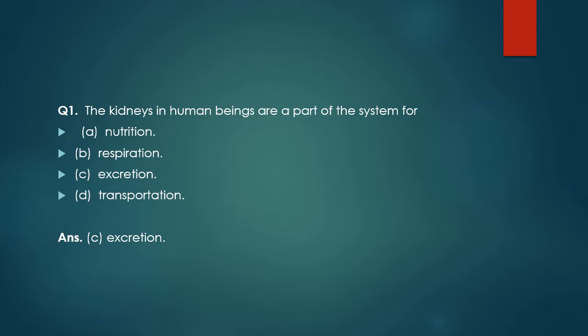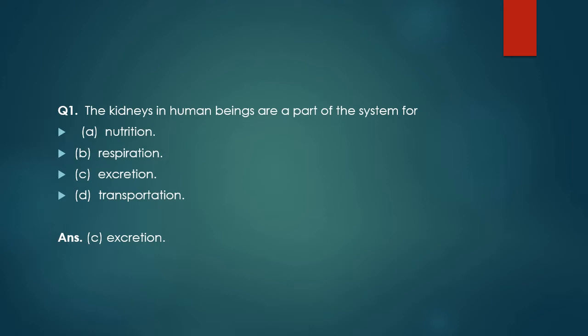Through the metabolism within the cell, whatever nitrogenous wastes come, like urea, creatinine or CO2 related products, their release is excretion. Human beings have one pair of kidneys. The unit of excretion in the kidney is the nephron.